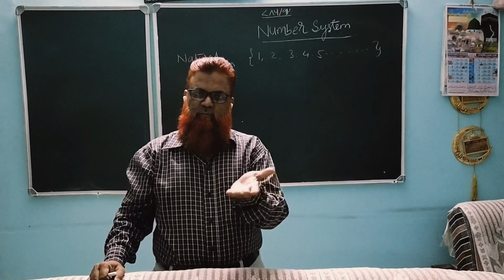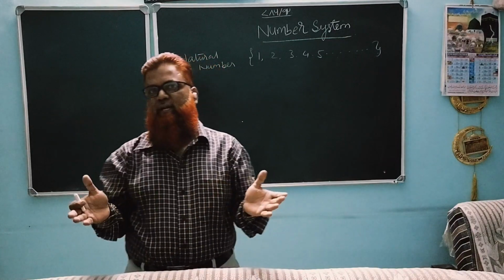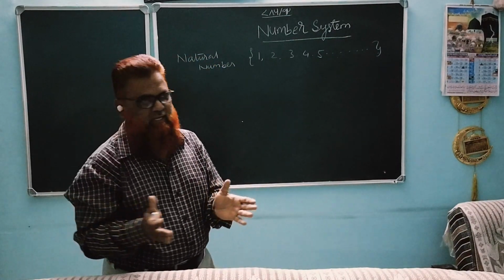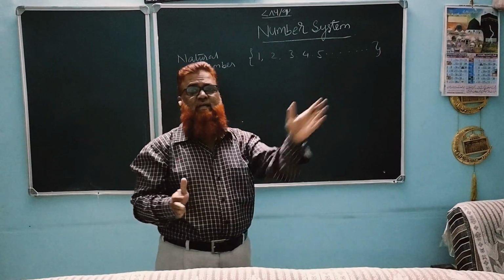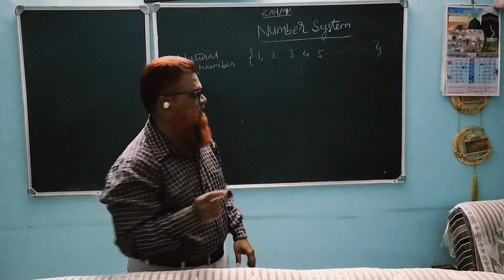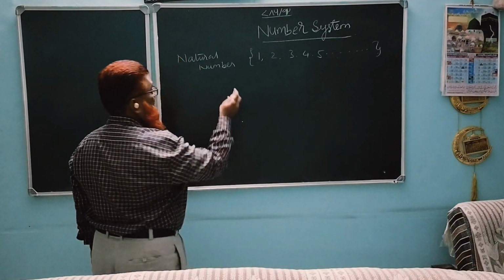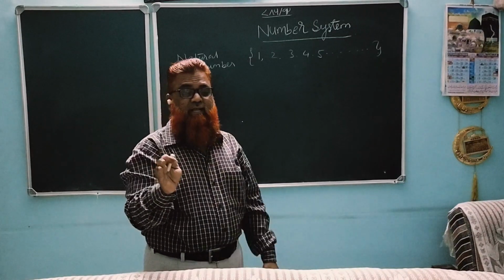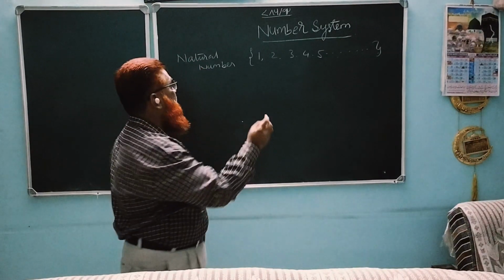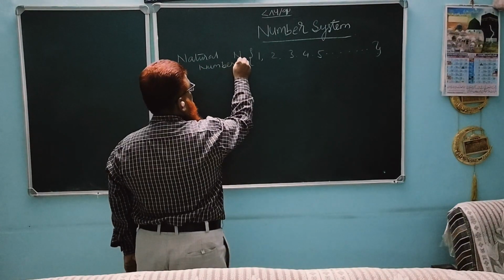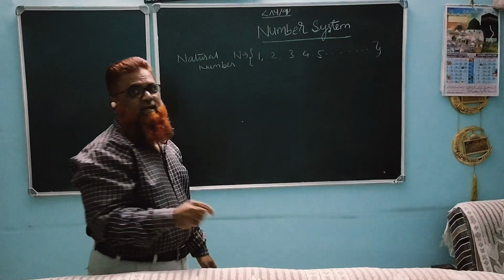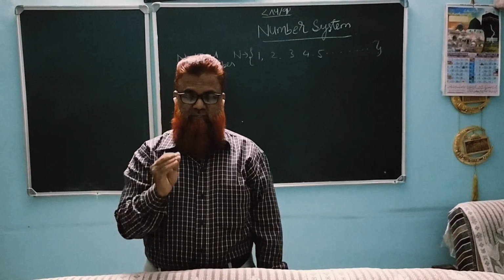We start and we begin with 1, but there is no ending. Such type of numbers or such type of phenomena, we call it is an infinity. Right? Before moving on, let me make it clear that natural number is denoted by a capital letter N. N indicates the group of natural numbers.